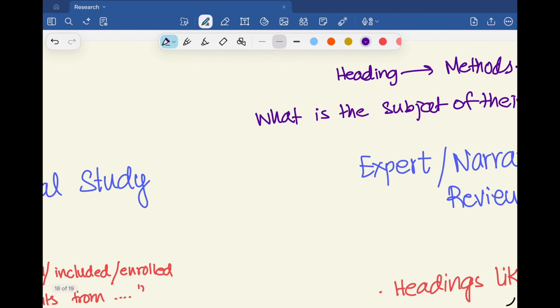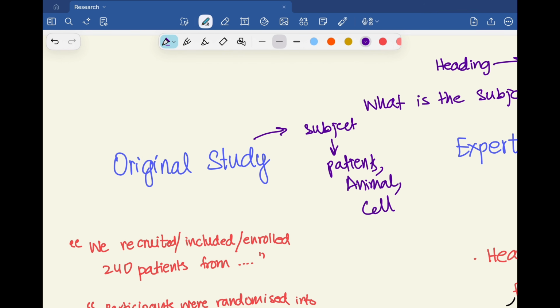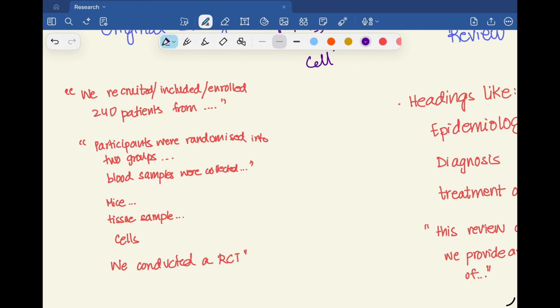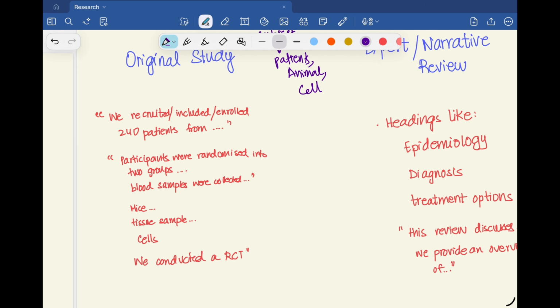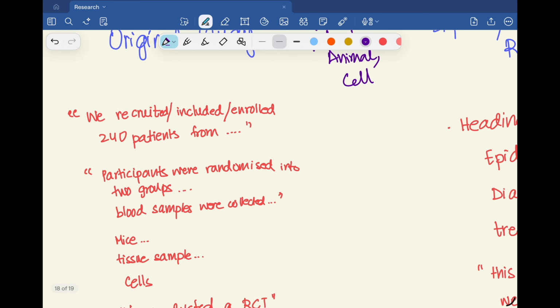Now, for example, in an original study, the subject of the method section is patients, so humans, maybe animals, mostly mice, cells, and tissue samples maybe. And these are some of the phrases commonly used in the method section of an original study, so you can use them to identify your study, okay?